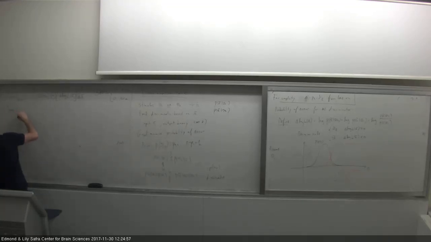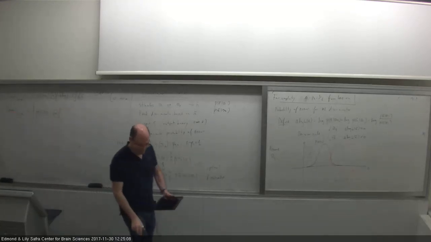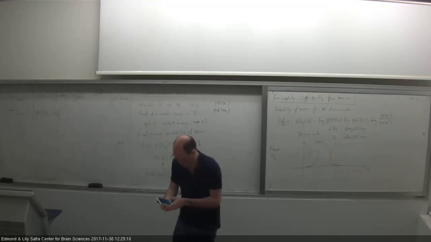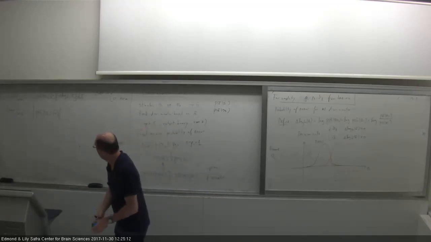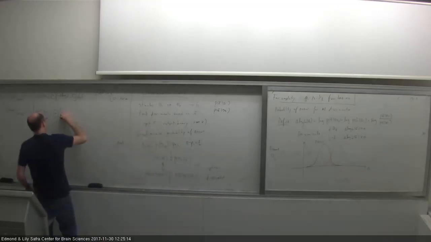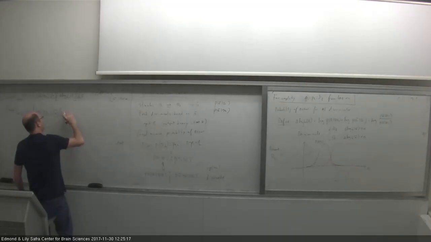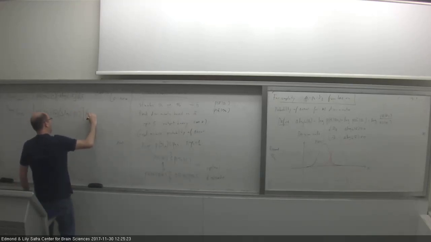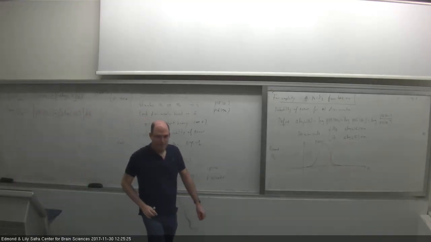And the probability of error if theta is equal to theta 1 is an integral of P of R given theta 1 times the Heaviside theta function of delta log L of R dr, right?